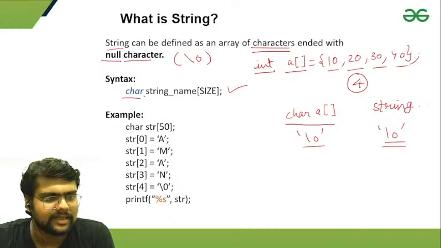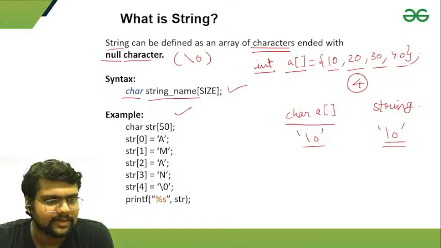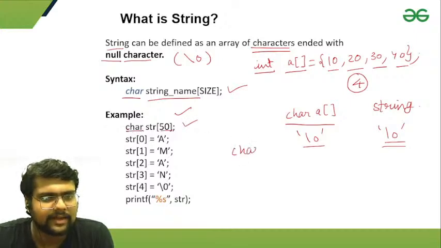Okay, then we have the syntax of declaring the string. So a string can be declared something like this. Here we are mentioning the character data type, then we have the string name, then we have the size of this string. Okay, so for example, I have declared one string str, of character type, whose size is 50. A character takes 1 byte of memory, as we have seen in the previous lectures.